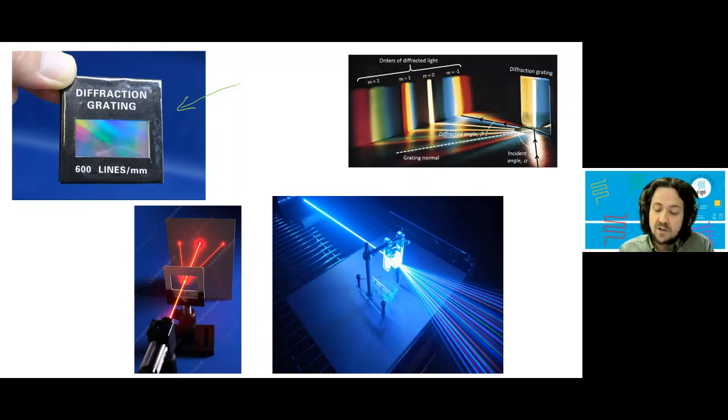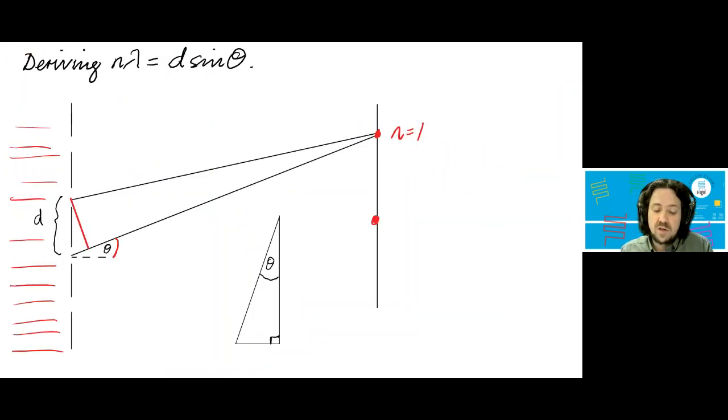When you pass light through a diffraction grating, much like with Young's double slit, you will be splitting that light up into bright fringes. You will be creating constructive and destructive interference, as you can see in these images below. You can use this again to determine the wavelength of the light source or the laser source that you're using.